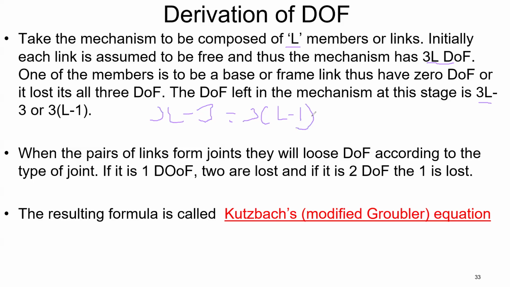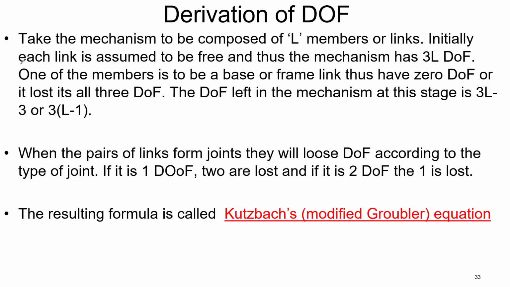Now when pairs of links form joints, one link is connected to another, and they lose degrees of freedom according to the type of joint. If it is a 1 degree of freedom joint, 2 are lost. And if it is a 2 degree of freedom joint, then 1 is lost. So the resulting formula is what we call the Kutzbach or modified Grübler equation, which we are now going to derive, and we will see it in our next slide.